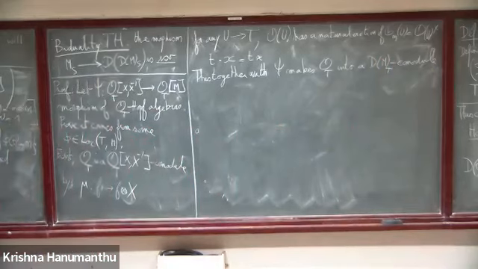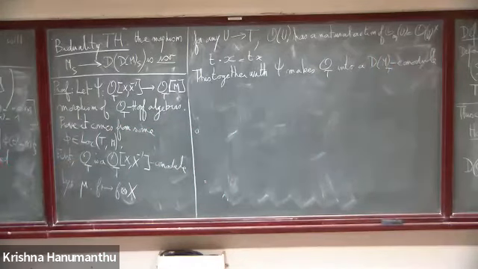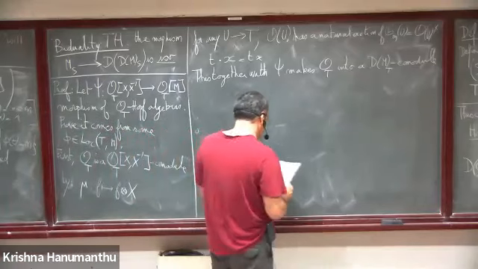Or if you prefer, we have a morphism of group schemes here, and G_m acts on these coherent sheaves, and so this group acts also. So we have a structure of a comodule.